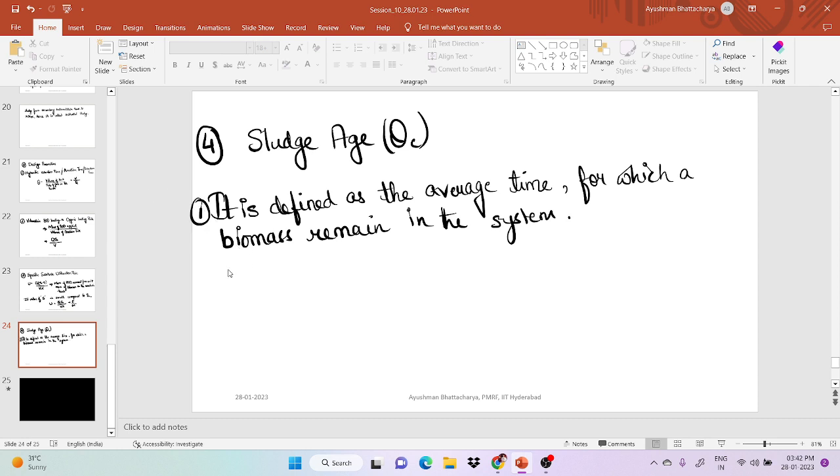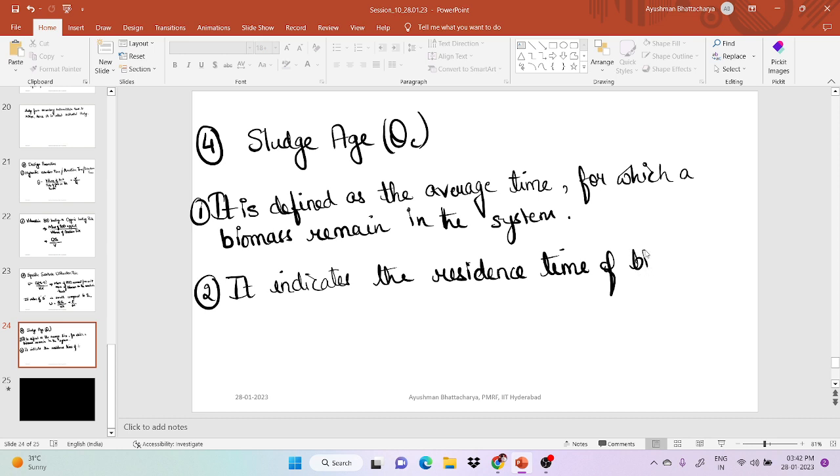It indicates the residence time of biological solids in the system.